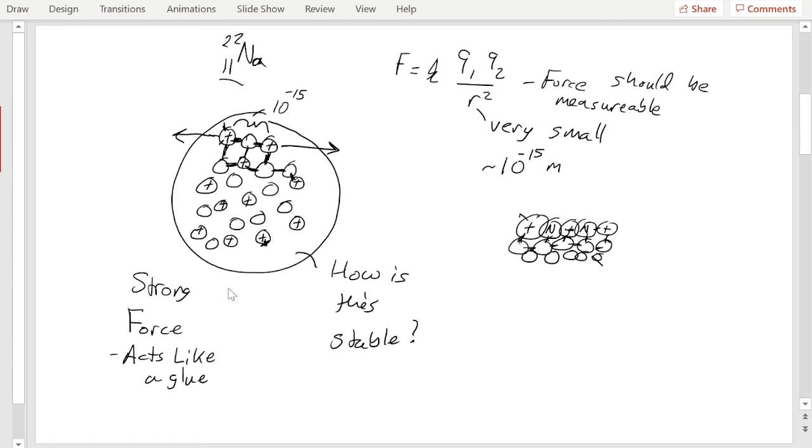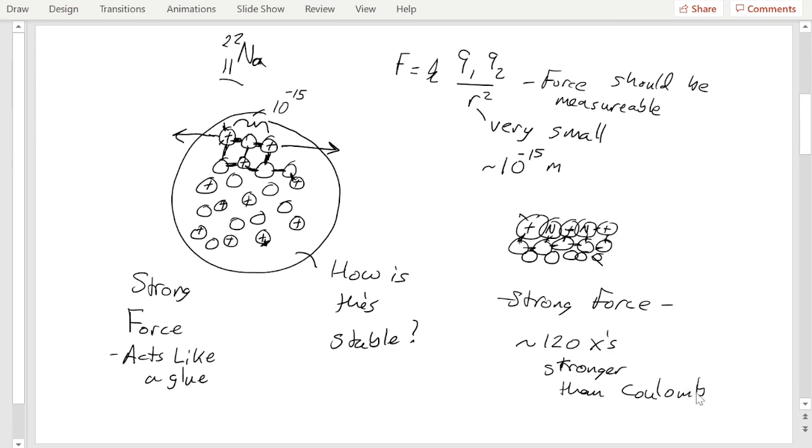But the point here is that this acts like a glue, and the strong force is approximately 120 times stronger than the Coulomb repulsion. Okay? It's 120 times stronger than Coulomb repulsion.